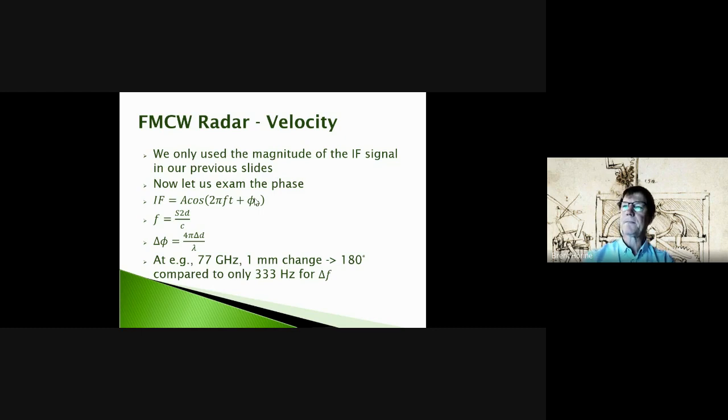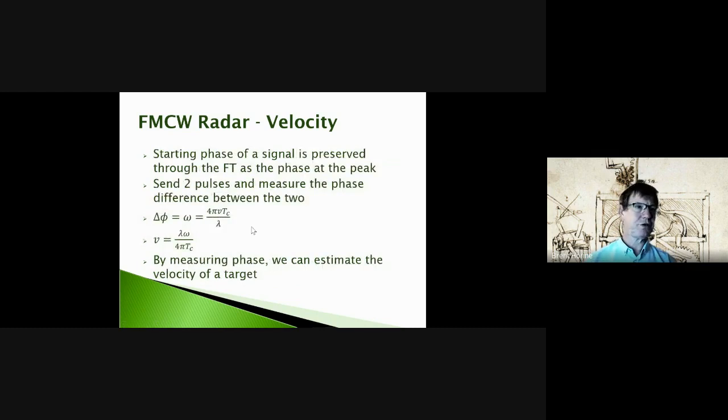So there is an ambiguity, though. We need to worry about, if you go a wavelength, then you've gone 360 degrees and you end up with some ambiguity when you look at how the signal evolves in terms of phase as it travels out there and back, going through, I'll use an engineering term, bazillions of phase revolutions.